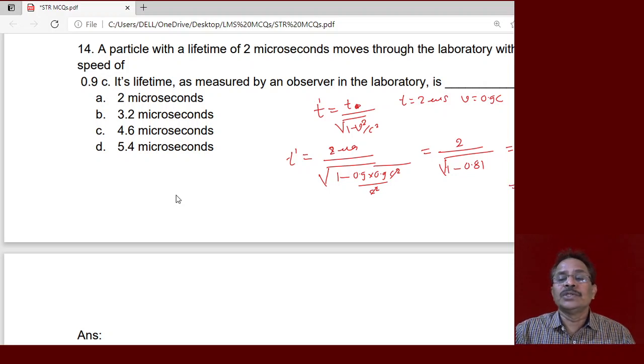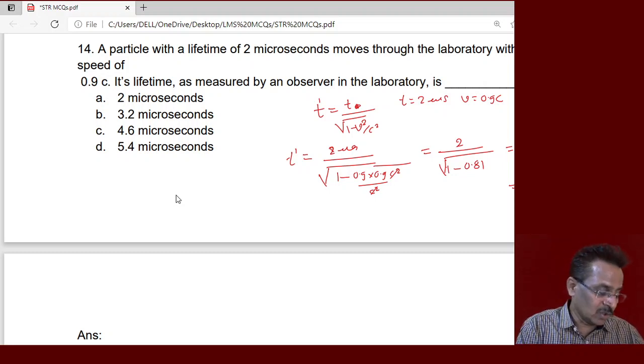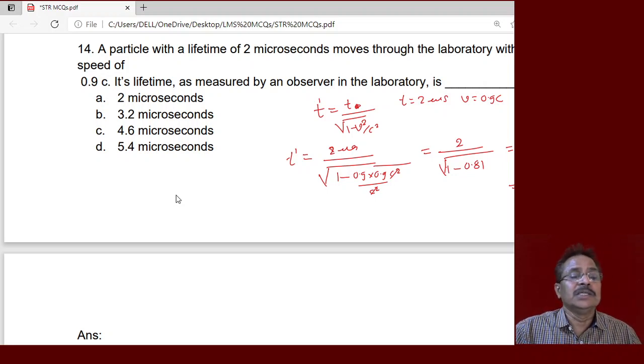So if I go for 2 upon 0.42, it comes to somewhere around 4.6 microseconds. So the correct answer of this question, when calculated, is found to be C, 4.6 microseconds.